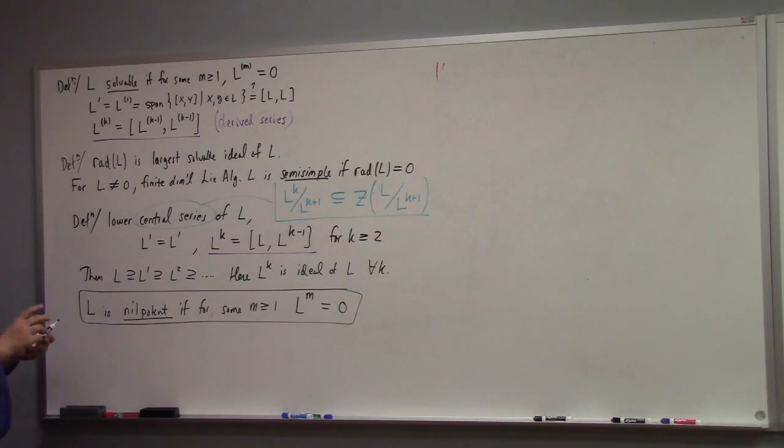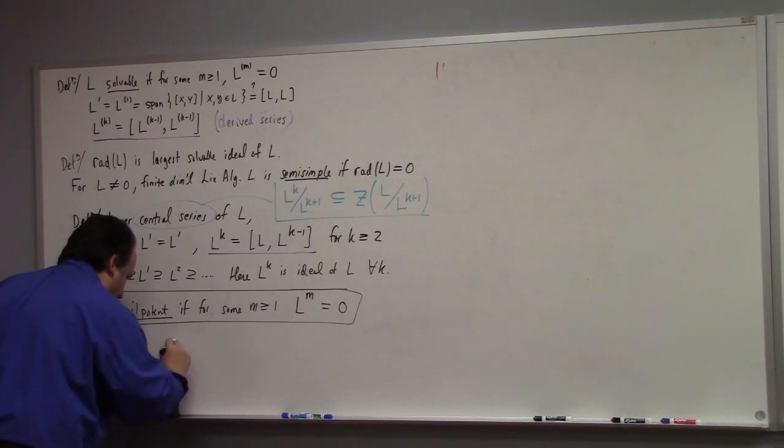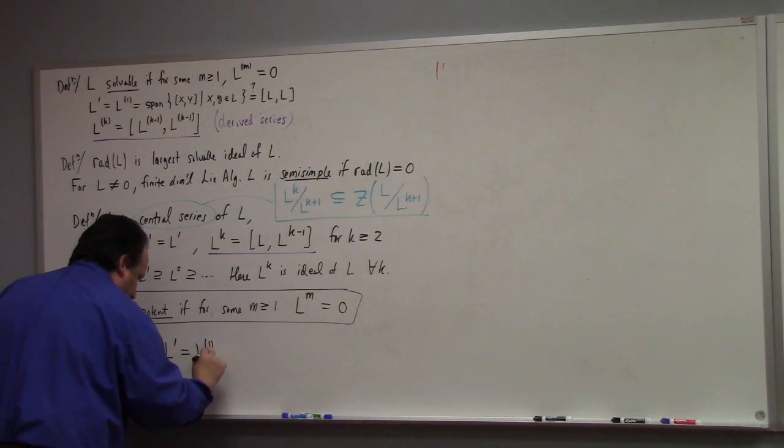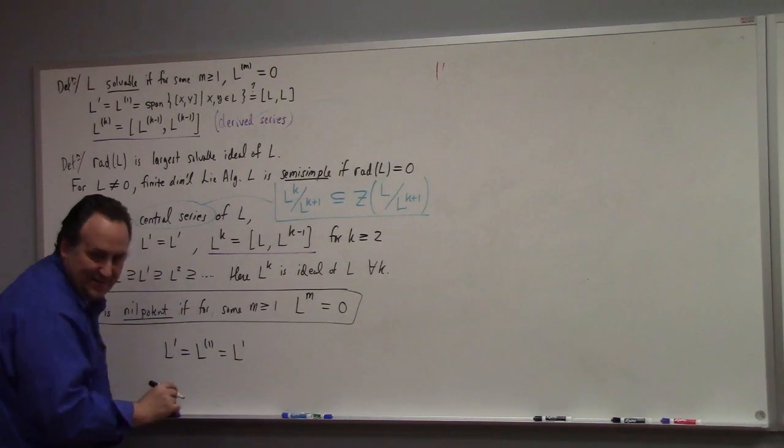They are different. Although interestingly, they start out the same, right? L prime is equal to L parentheses 1 is equal to L without parentheses 1.